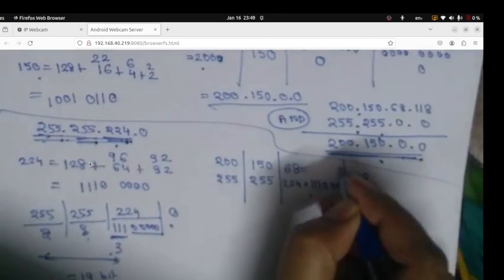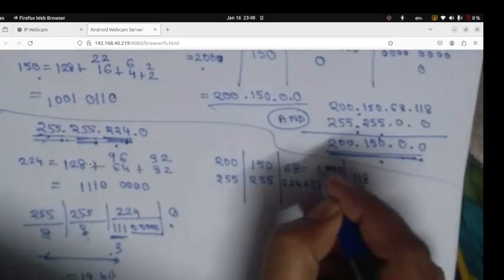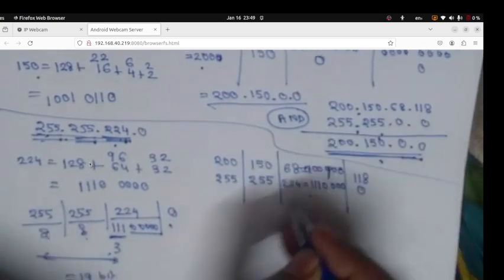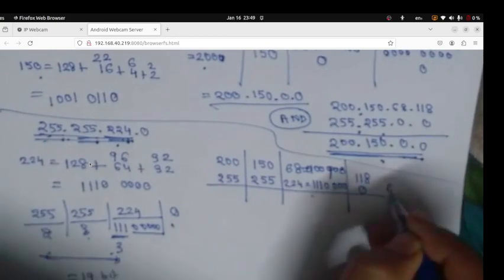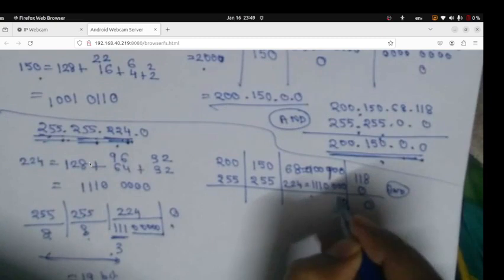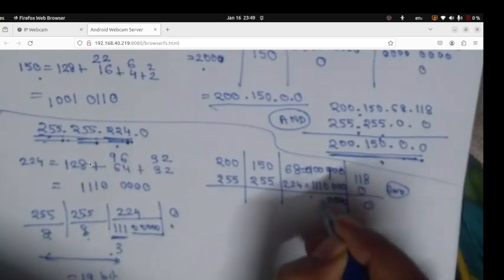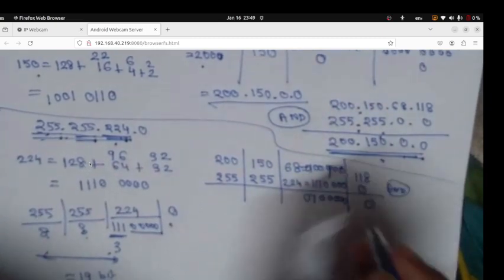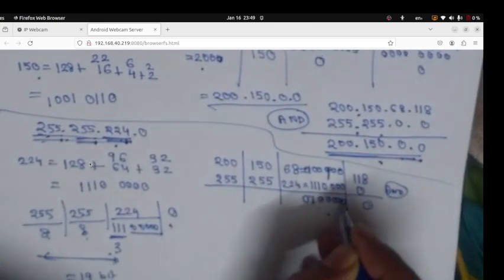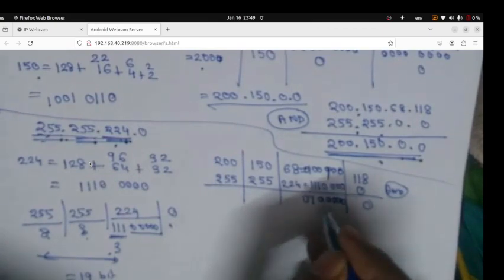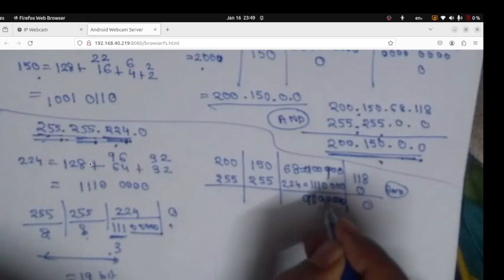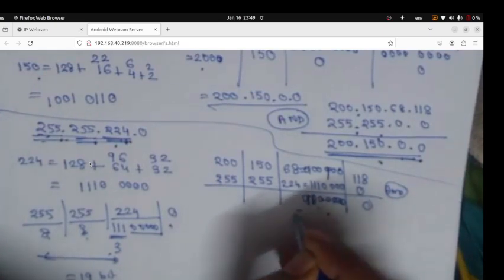Now 1, 2, 4, 8, 16, 32, 64, 128. If we do the bitwise AND operation, this becomes 0, 0, 0, 0, 0, 1, 0. If you convert it into decimal, 1, 2, 4 is 16, 32, 64, so it is 64.